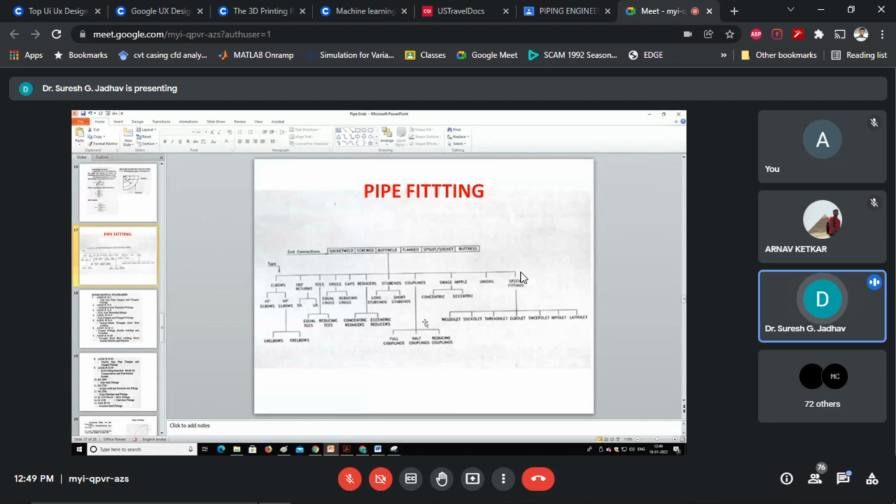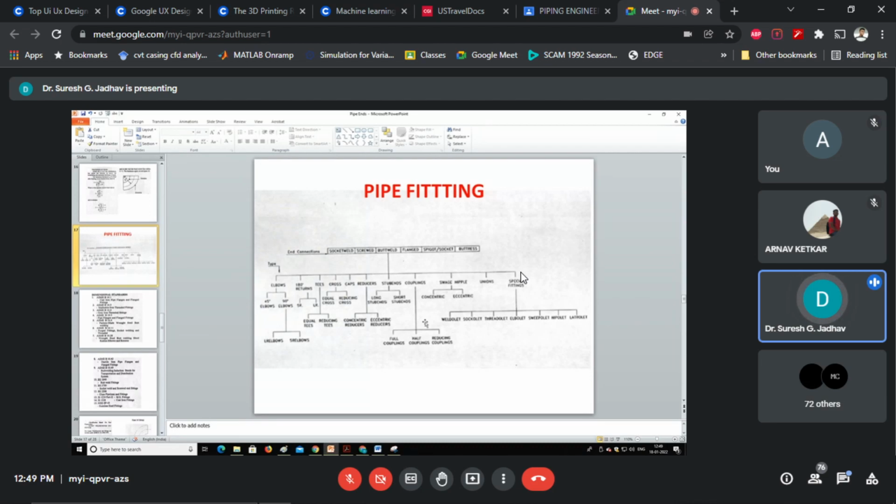Another is caps. With the help of this cap, we can close the end of the pipe or a run in the process industries. Then reducers. Here are two types of reducers. One is concentric reducers and the next one is eccentric reducers. And the next fitting is coupling.